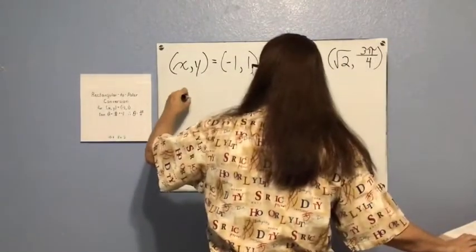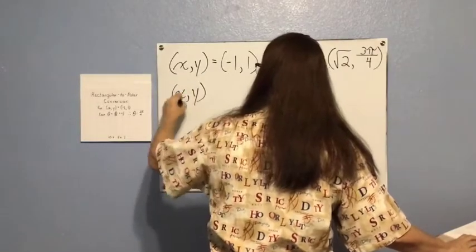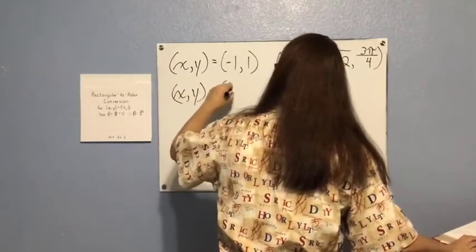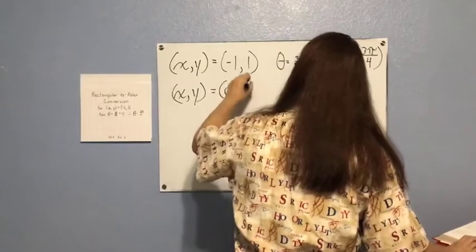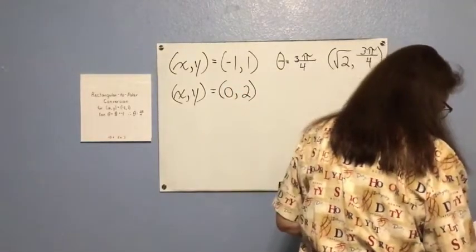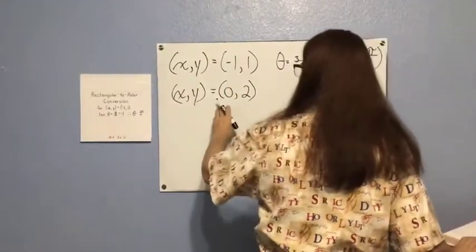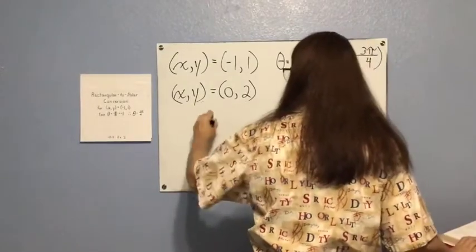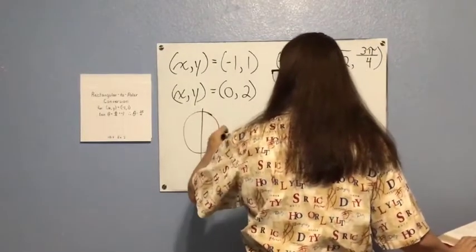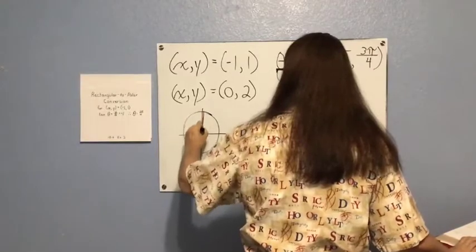Let's look at another one: x, y equals 0, 2. This lies on the positive y-axis, so up here somewhere.